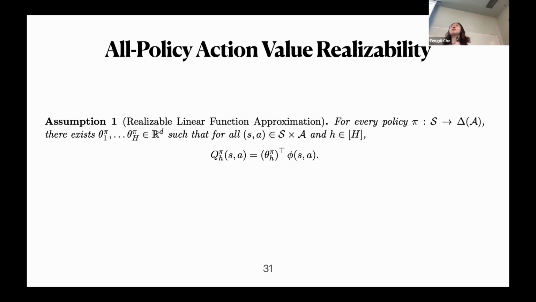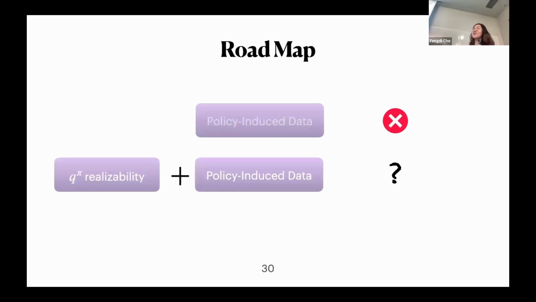And in theory, people sometimes deal with it being linearly represented with very tiny error. These two are basically the same thing, and the proof will be very similar. Let's think: if we have Q pi realizability plus the previous policy-induced data, can it work?